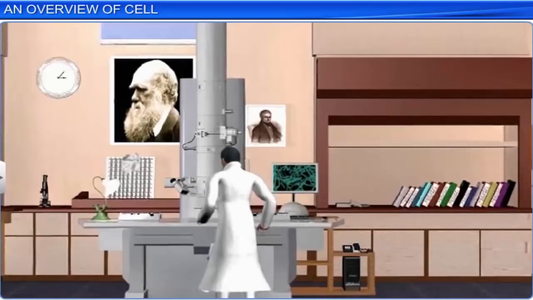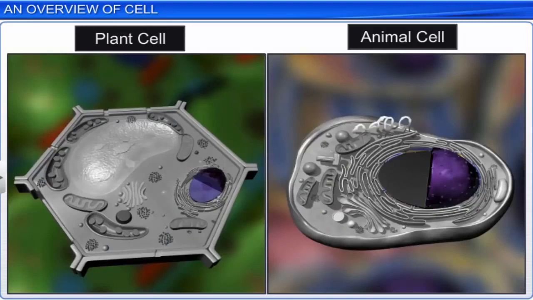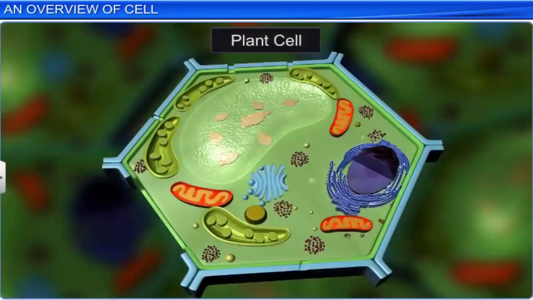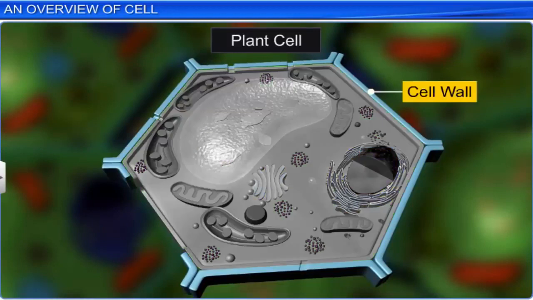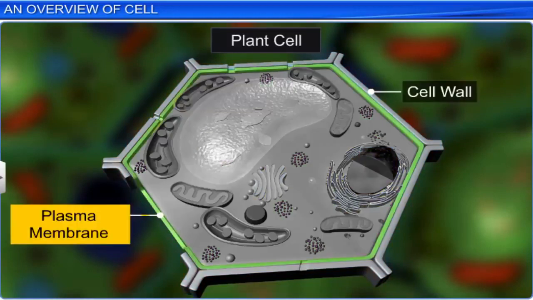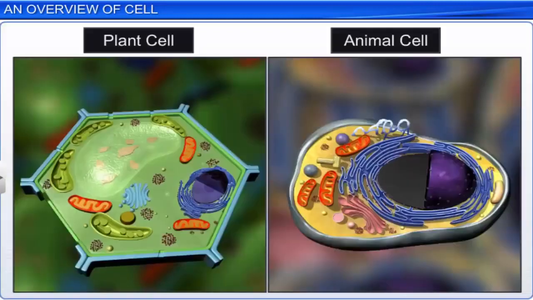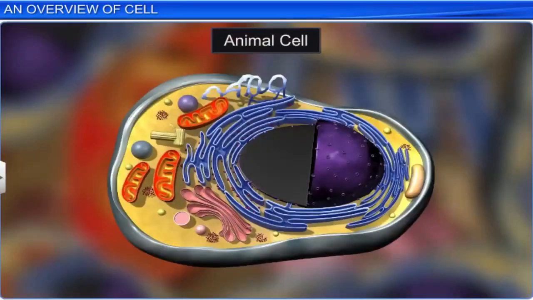They observed that the structure of a cell varies in plants and animals. A plant cell, for instance, is surrounded by a distinct cell wall on the outside and a plasma membrane on the inside, whereas an animal cell lacks a cell wall and has a plasma membrane instead that forms the outer cell boundary.